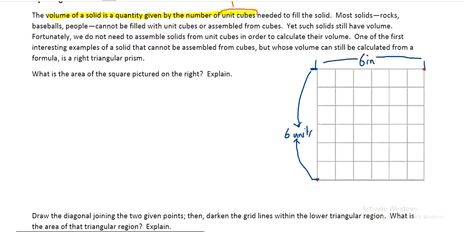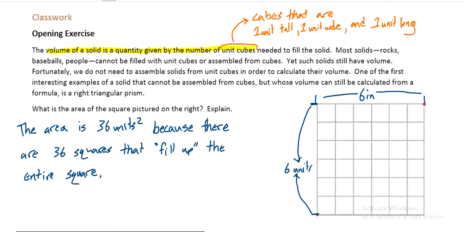So the area is 36 units squared because there are 36 squares that fill up the entire square. I did a shortcut using multiplication. I did 6 times 6, but you can go ahead and count them, and you will find that there are 36 squares that make up this entire large square.